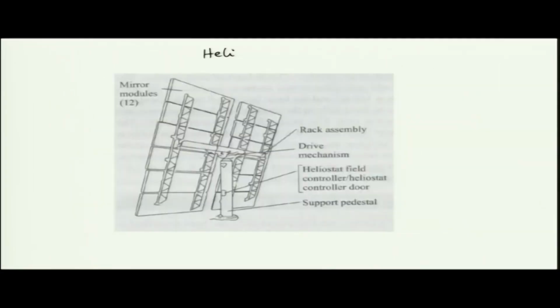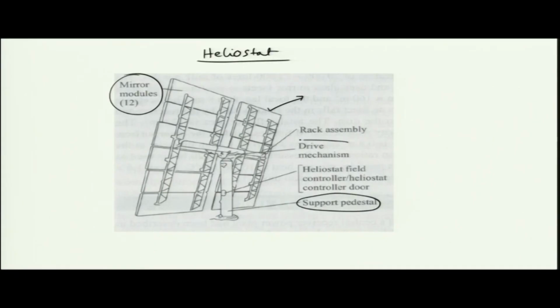If we look at a particular heliostat, what you will find is a large reflecting surface, a large surface with a lot of mirrors placed on it. These mirror modules are placed on it, and you have a support pedestal here, and this whole thing is connected to some drive mechanism. Okay.